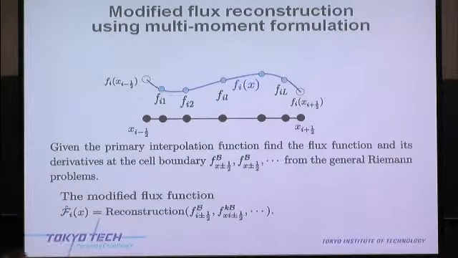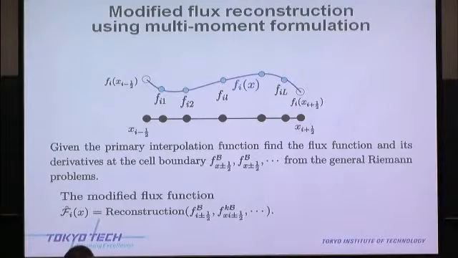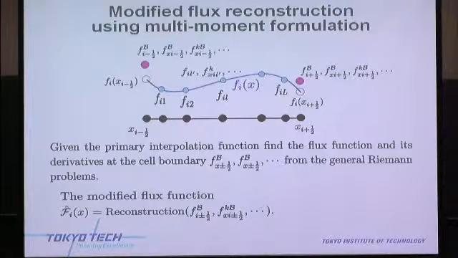We use multi-moment to construct this modified flux function. In the previous two, we only use a point value to do this, which is basically a kind of Lagrangian interpolation. Here, we try to use something different. We have to use the value of the flux function, which must be shared by two neighboring cells to guarantee numerical conservation.